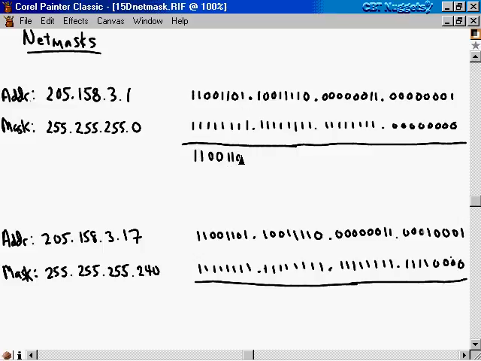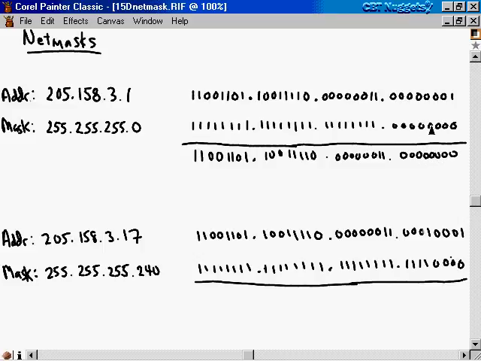A bitwise AND is something a computer can do really, really quickly, and that's why we use the bitwise AND operation to do this. So the result of applying this net mask to this IP address is what I'm writing out right now: 205, 158, 3, and then the final ones are all zeros.